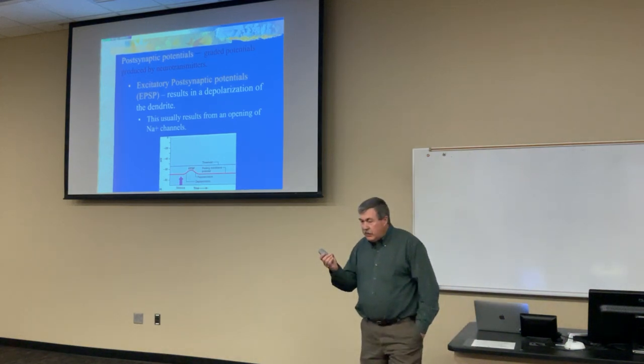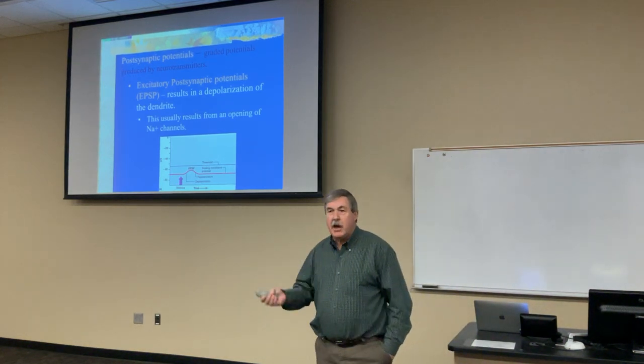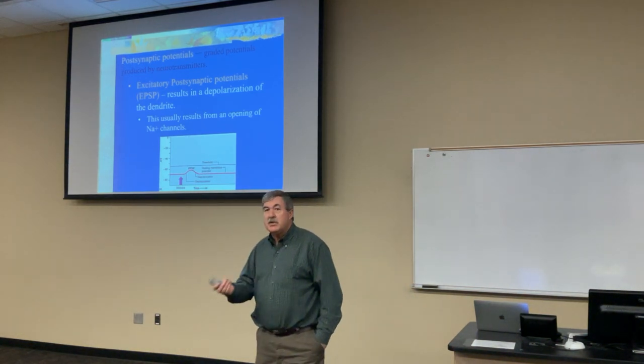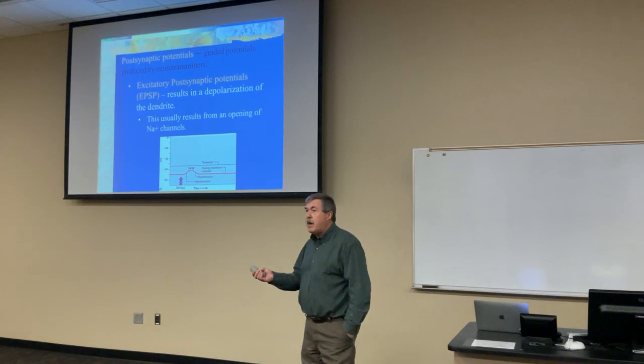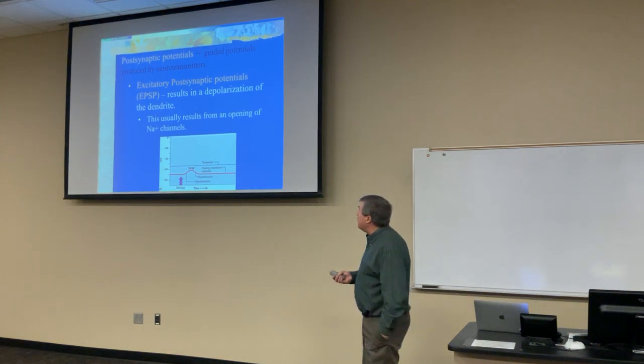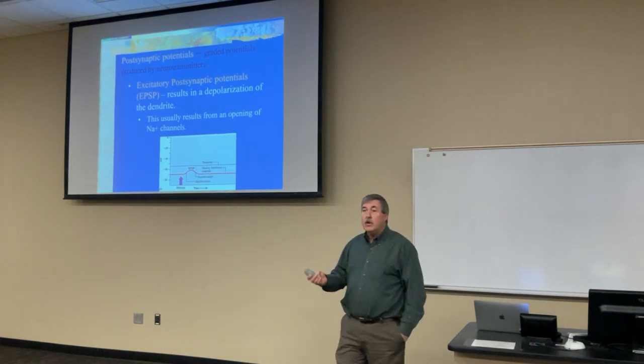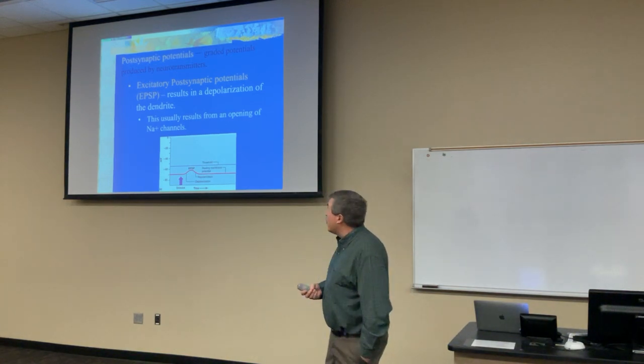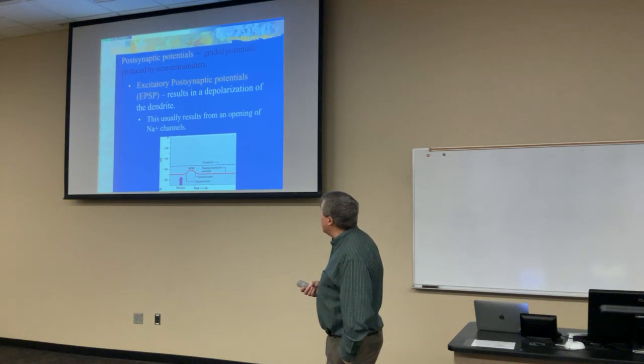Now, the graded potentials that I've been talking about in the postsynaptic neuron are called postsynaptic potentials if they're produced by a neurotransmitter. And there are two kinds of postsynaptic potentials that can occur in postsynaptic neurons.